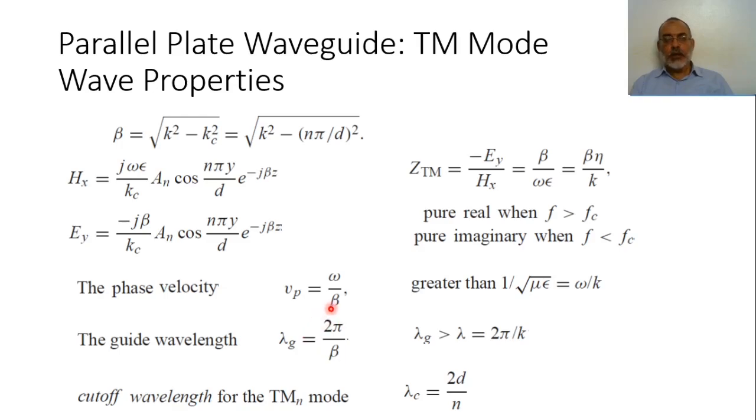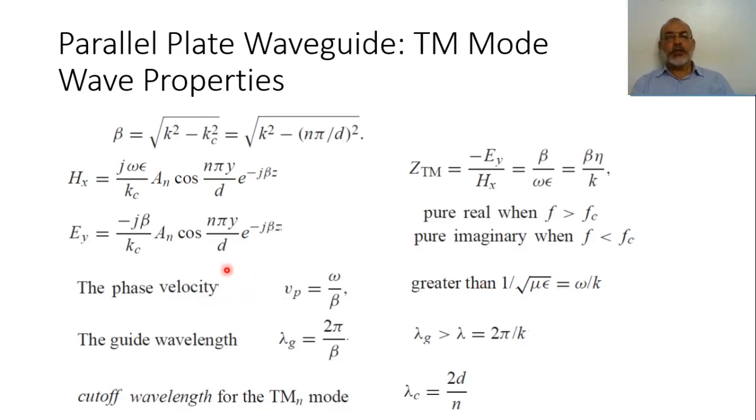Because beta is less than k, omega over beta, omega over a smaller quantity, is greater than omega over k. So the phase velocity here equals omega over beta, which is greater than 1 over square root mu epsilon, which corresponds to omega over k, or the phase velocity of light in the medium.